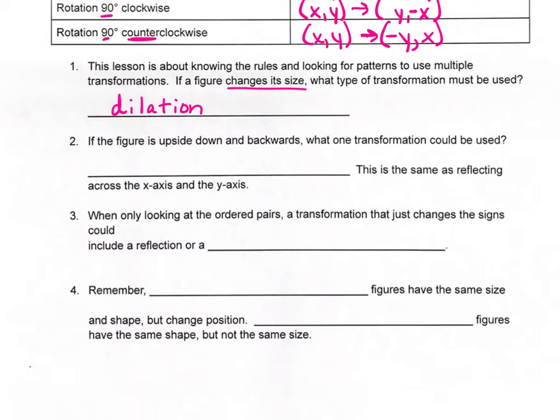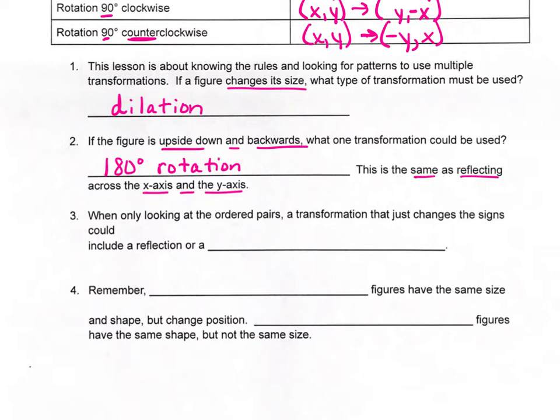If the figure is upside down and backwards, what one transformation could be used? That is a 180-degree rotation. It's the same as reflecting across the x-axis and the y-axis.